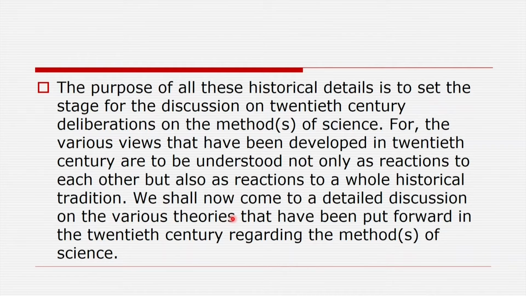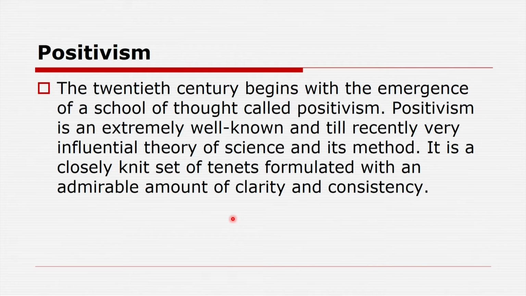Now, let us see how we can look at this particular phenomenon. The most important and the first method of science that we witnessed in the 20th century begins with the emergence of a very dominant school of thought called Positivism.